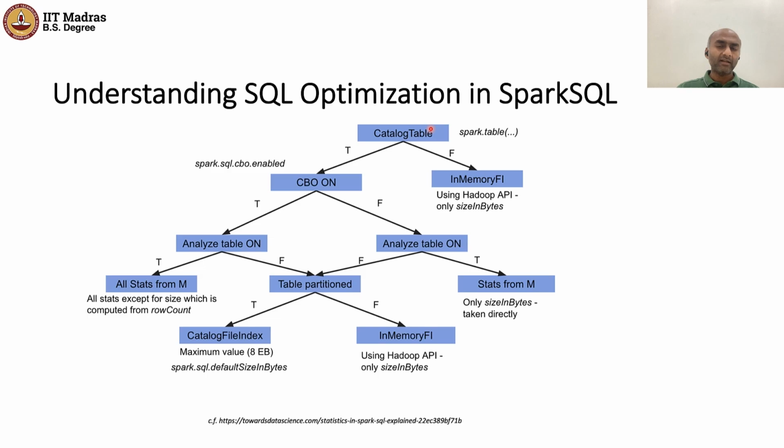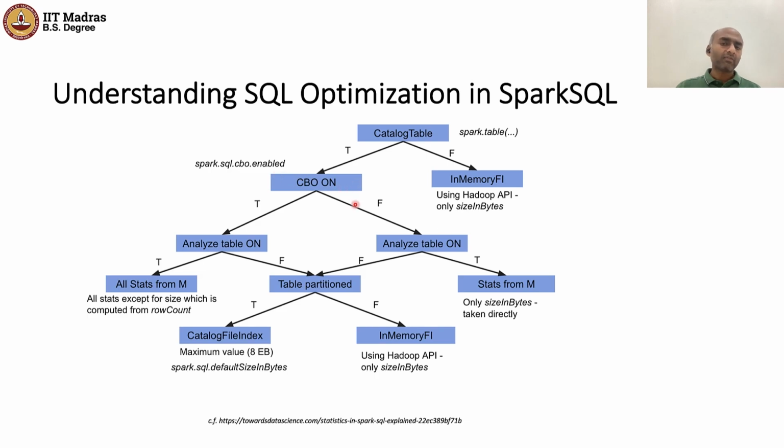But on the other hand, if it's a table that's actually there in the catalog, which means the Hive Metastore or the Spark Metastore knows about it, then it checks whether the cost-based optimizer is enabled. If the CBO is on, then it looks at whether the table has had an analyze statement executed on it.